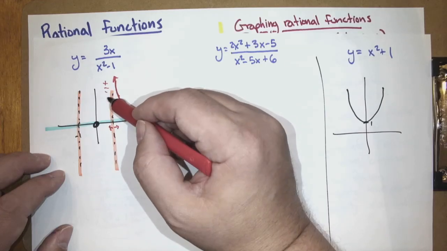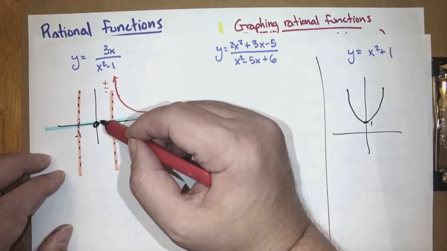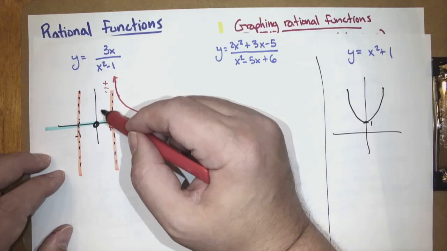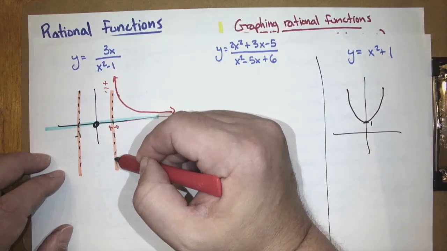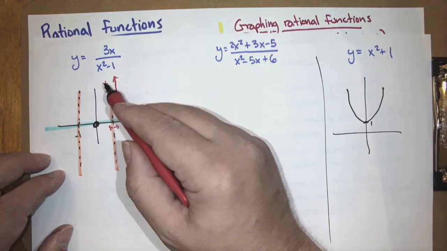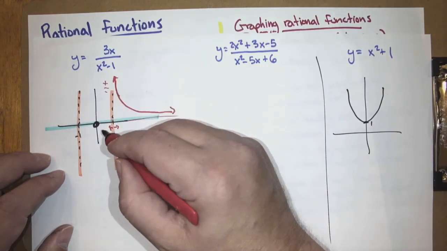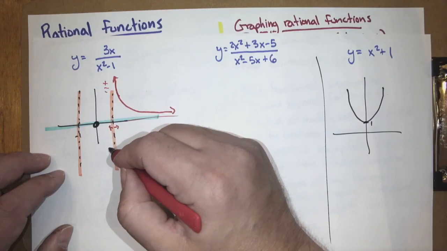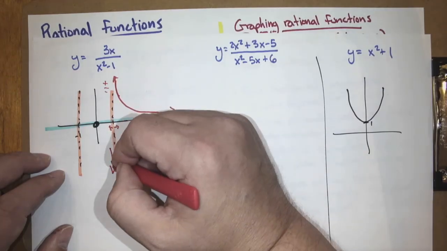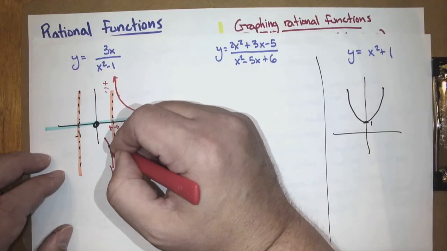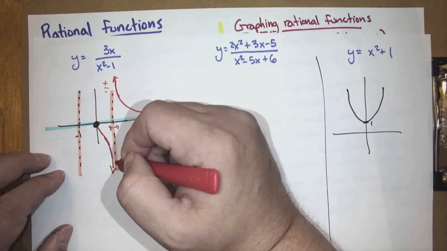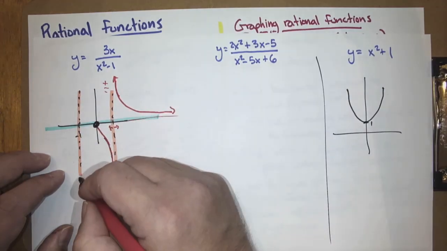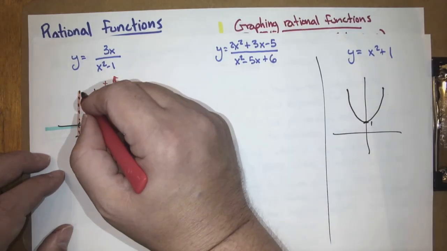Negative. Positive divided by negative is a negative number. So am I going up or am I going down? Going down, because it has to go down towards a negative thing. So I'm going down. So now I say, okay, I have to come here. I need to cross. Now I could just bounce back, but let's check.